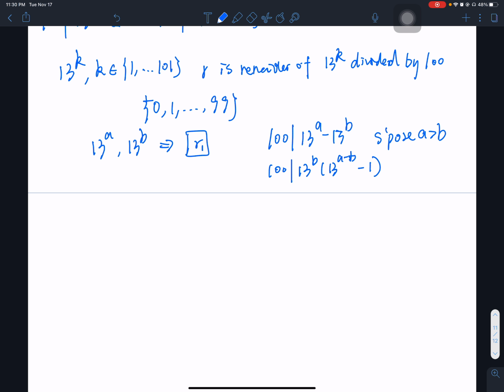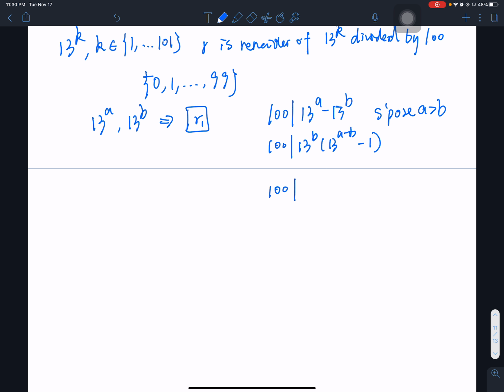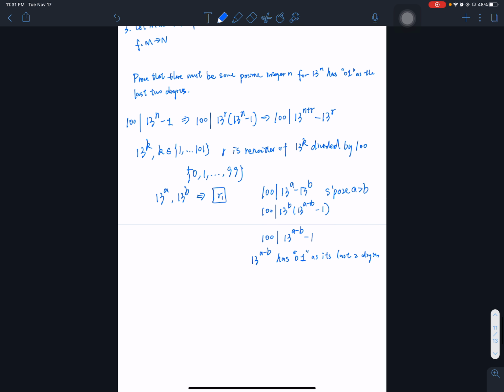Since 13 to the b's power cannot be divided by 100 because 13 cannot be divided by 5 nor 2, we know that 100 is a divisor of 13 to the a minus b's power minus 1. Therefore, 13 to the a minus b's power has 01 as its last two digits. So a minus b is the positive integer which we need for this problem.